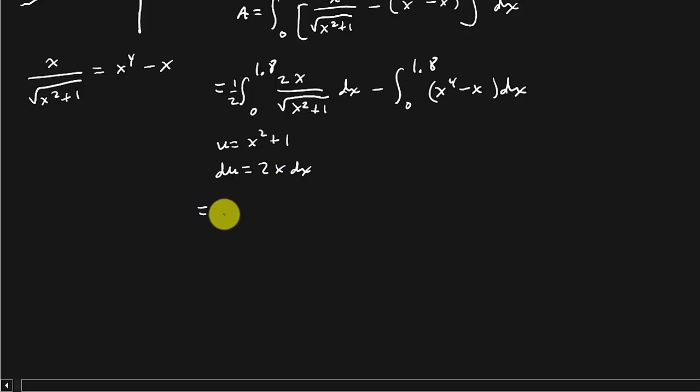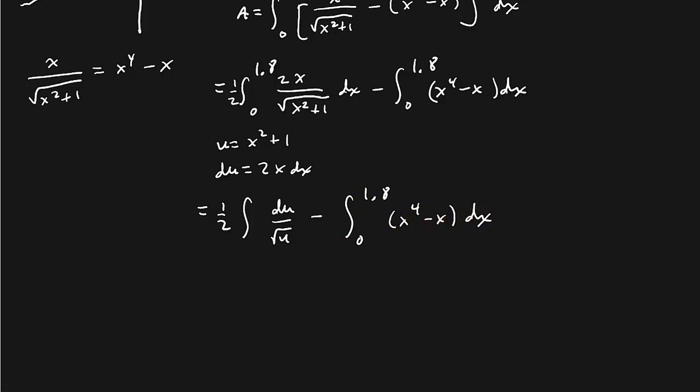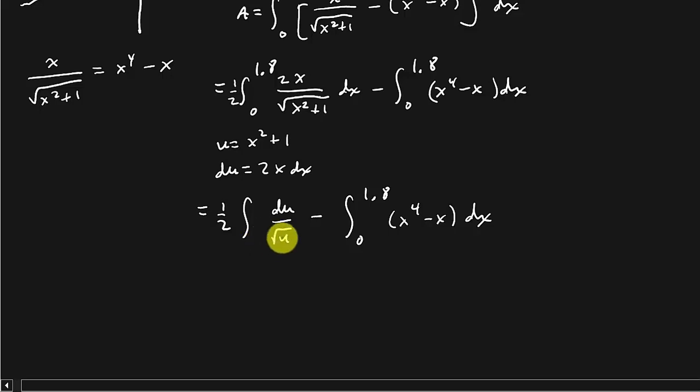So this is going to be 1/2, and we're going to have du over the square root of u, minus the integral 0 to 1.8 of x to the 4th minus x dx. Now, remember, for this one we used u substitution, so we have to change our limits.